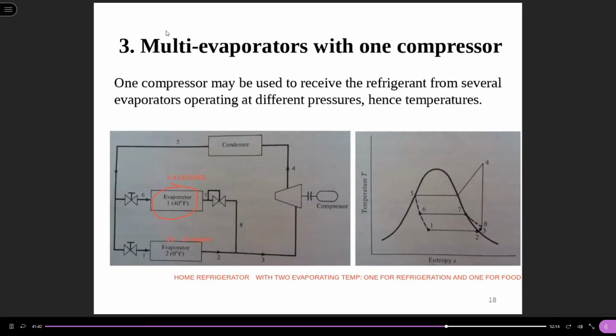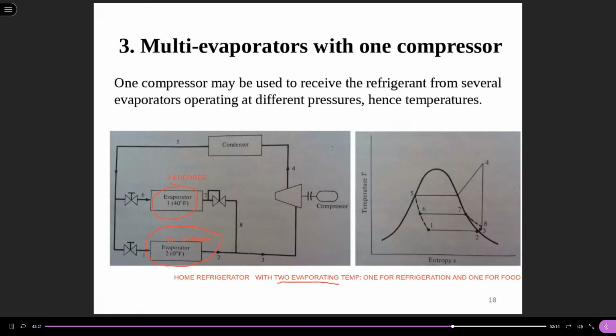And now we can see, in fact, for an actual refrigeration system, sometimes we need multi-stage compressors, and for some cases we may need several. One compressor may serve different numbers of evaporators, if there is a cooling requirement with different evaporating temperatures.